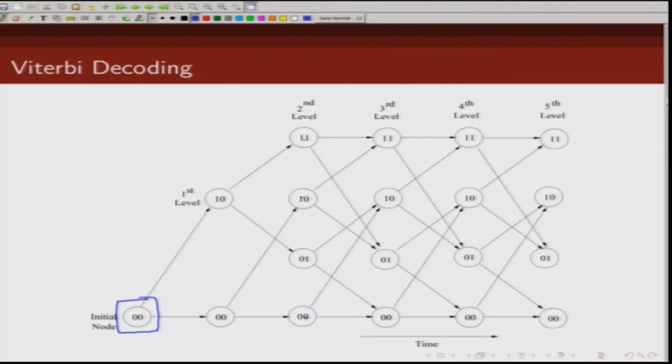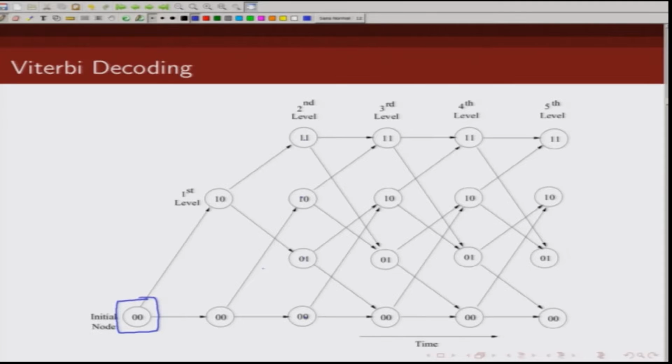Until you reach time t equal to 2, which is the memory order of this code, we will see that the number of states is getting doubled. Initially there was only 1 state, the all 0 state, then you had 2 states, and then you had 4 states. You can see that from each state there are 2 branches leaving.